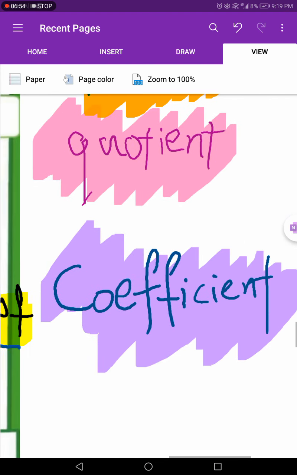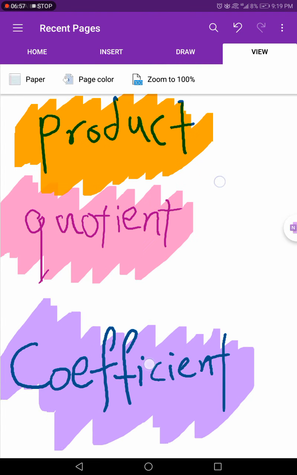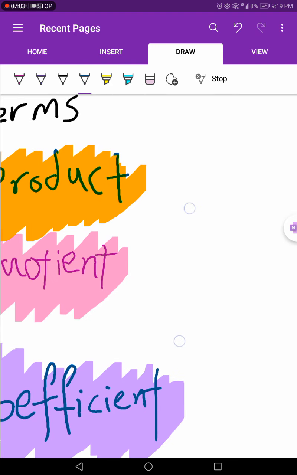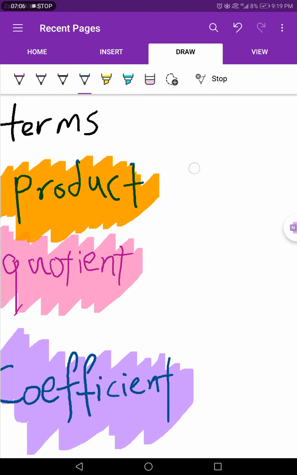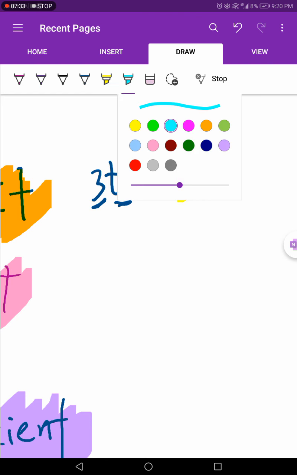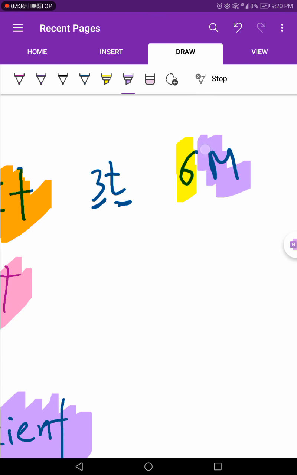Now the second thing, which I taught you previously, the product. The product is the answer of multiplication. For example, 3t is the product of 3 and t. Another example, 6m. The 6m is the product of 6 and m.